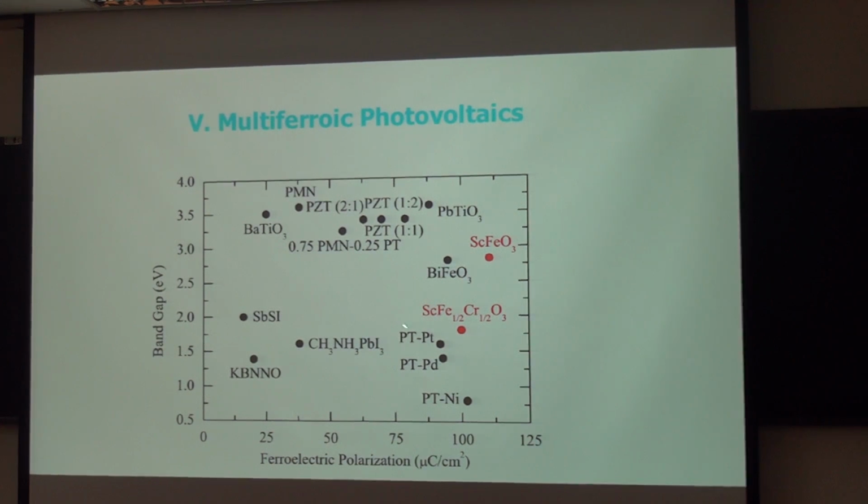And what we have identified, this double perovskite, satisfies the criteria very well. It has a proper band gap as well as a large ferroelectric polarization. So compared with conventional ferroelectric oxides, it has a suitable band gap. And compared with conventional semiconductors or recent organic perovskite structures, it has a large ferroelectric polarization.